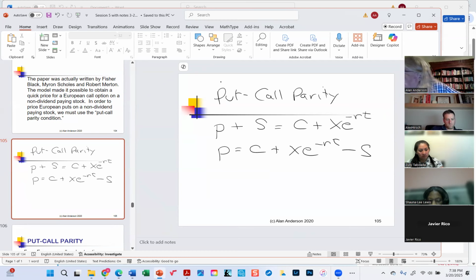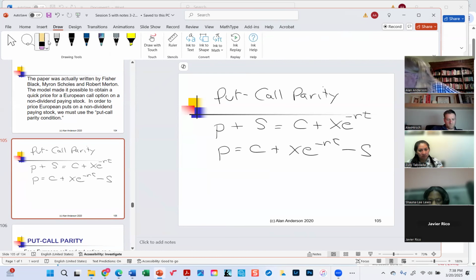So we know all these variables. S is the underlying stock price.